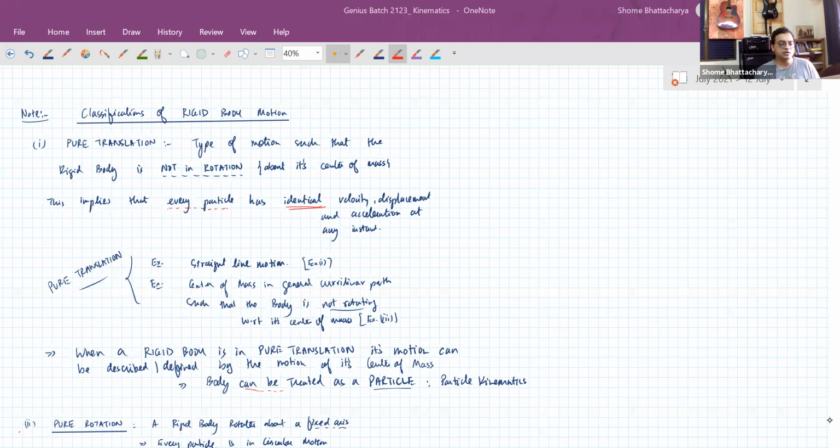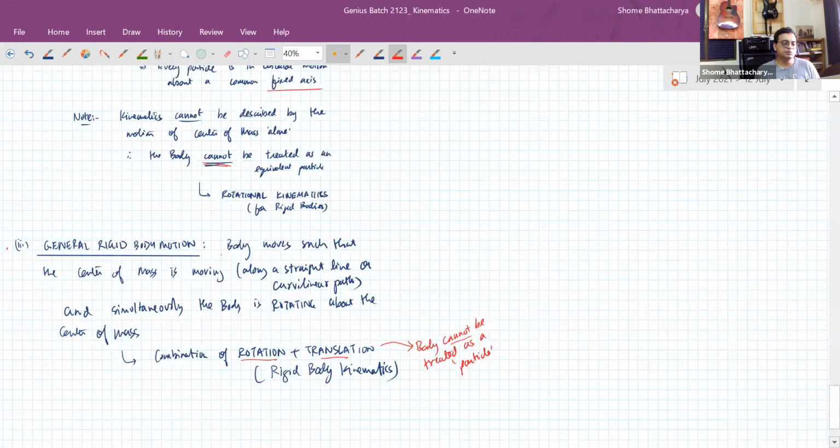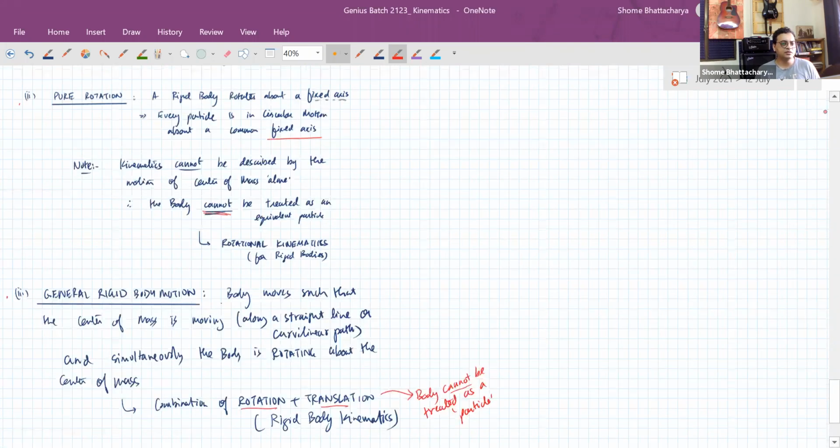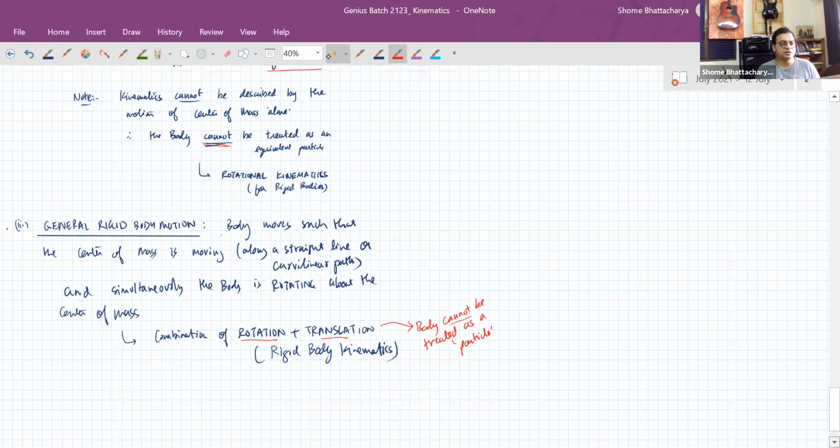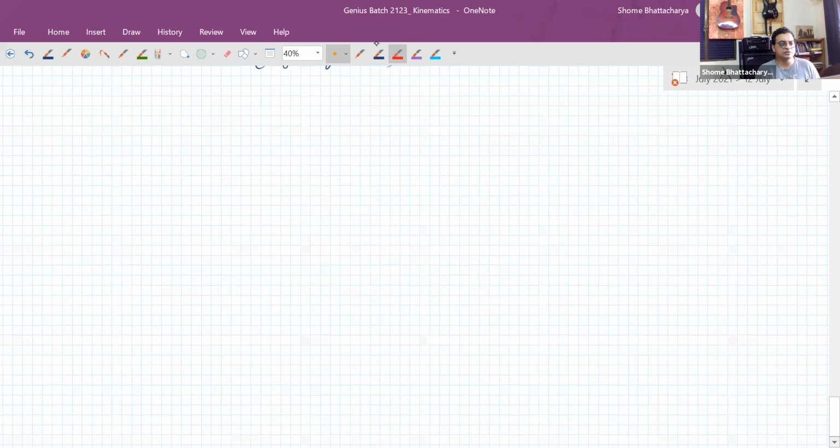If it is in the other two types of motion, then we cannot use particle kinematics on it. We have to use a different set of equations, which we'll be studying later in our physics section, within the next few months, but not part of this chapter. So in that sense, this is the first part of kinematics, which is particle kinematics.